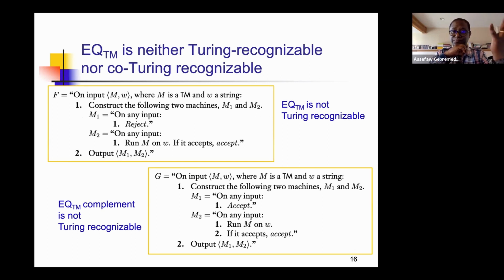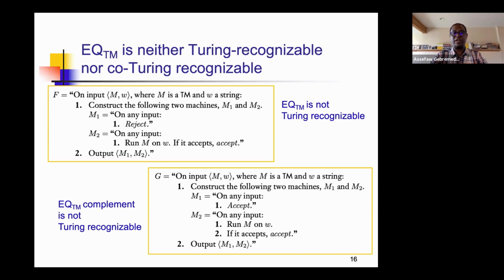We are going to reduce from something that we know, and that something will be ATM complement, and we're going to reduce it to EQTM, and we will do that through a mapping reducible function, we'll call it F. And that's what you see there. F is going to take M and W, the encoding, where M is a Turing machine and W is a string, and it is going to construct 2 machines, M1 and M2, that will do the following things.